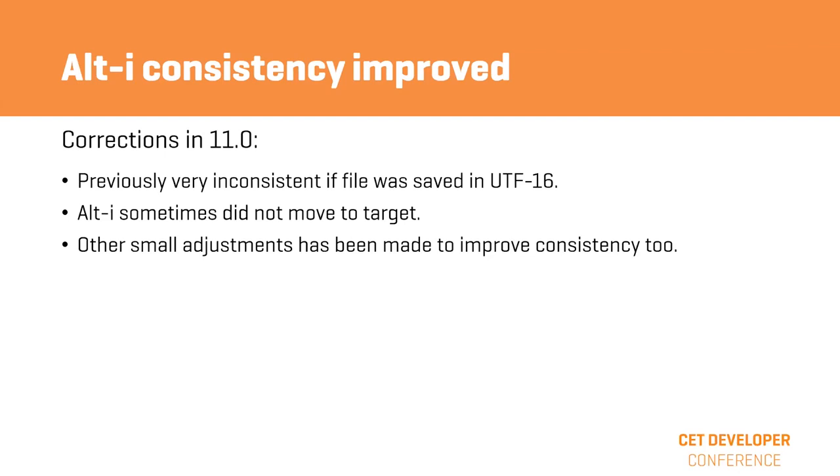For example, if you inspected something, you weren't always moved to the target. You had to do that manually. This should have been improved or corrected, and there have also been other small adjustments to improve consistency more. I hope that this will improve the behavior of this one, and that you will like it.